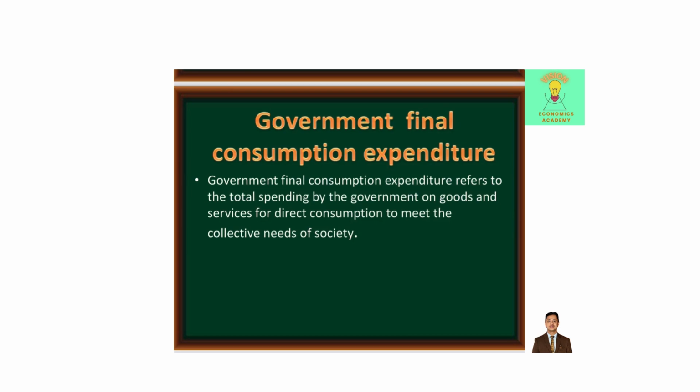Government final consumption expenditure also has a few components. Most of us do not go too deep into this matter. However, I want to make clear what is included in the government final consumption expenditure, because sometimes in the question they would not have given this directly.